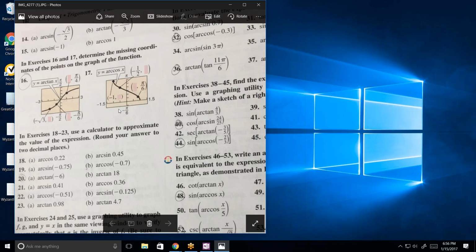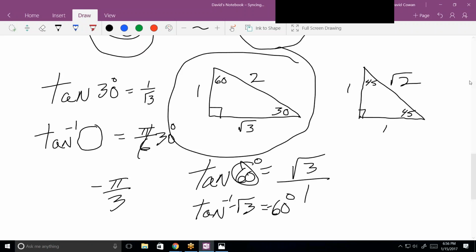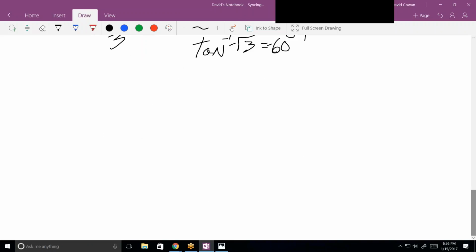All right, let's go to arc cosine. Let's go to 17. This time let's go from left to right. I should have gone from left to right last time. This is arc cosine. For this one, let me draw the cosine curve.